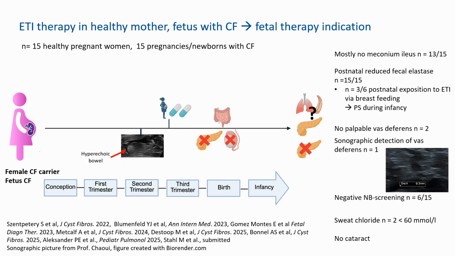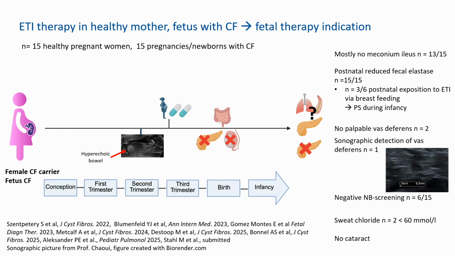And then it's really unique that we now have a set of children with CF or fetuses with CF that were treated in utero, but not from the beginning of the disease, but started around the 2nd or 3rd trimester, mostly because of hypoechoic bowel findings. And then treatment was initiated to prevent meconium ileus.